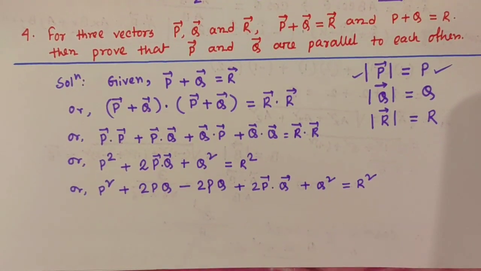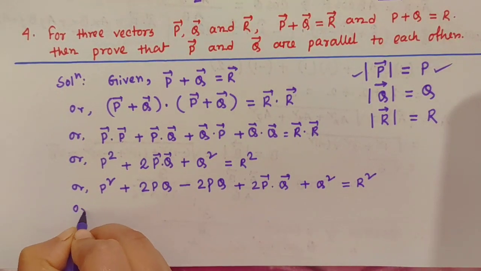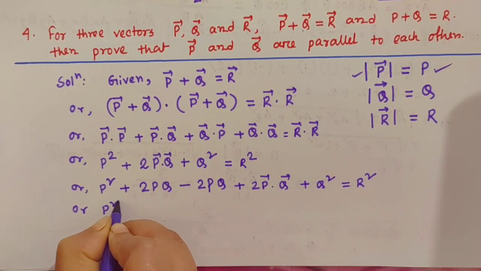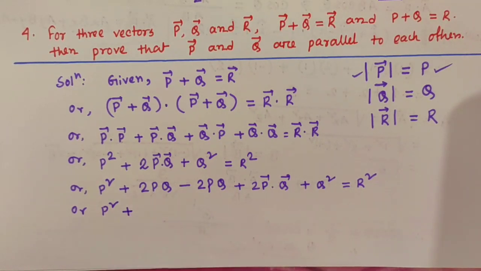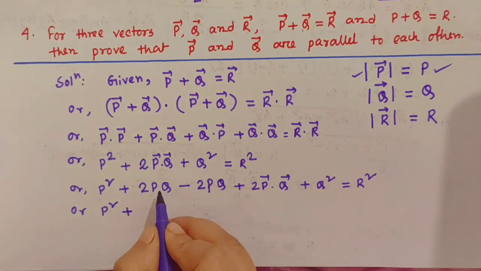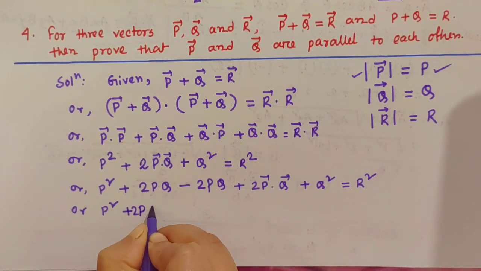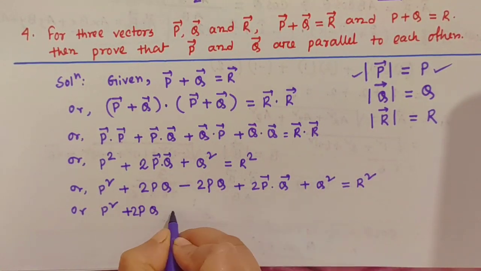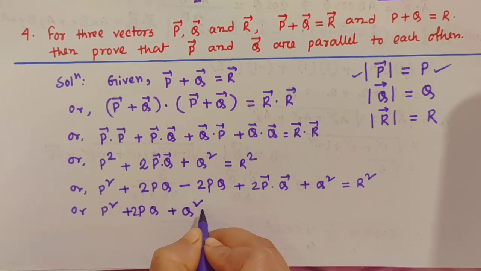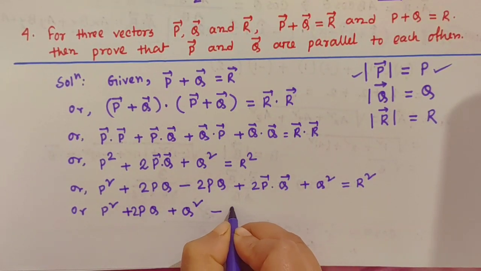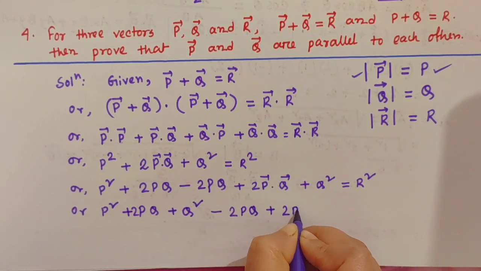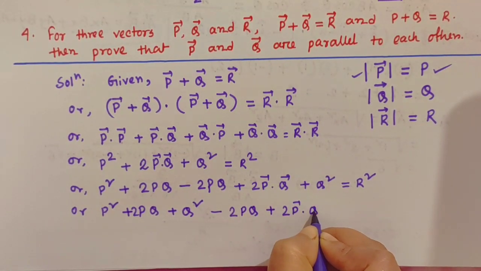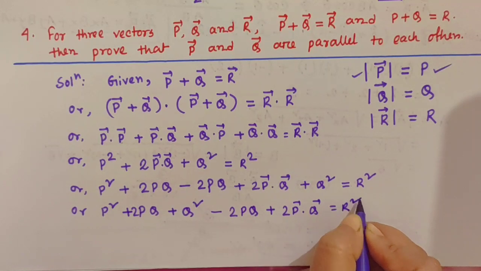From the next line we can write P square plus 2PQ plus Q square minus 2PQ plus 2 P vector dot Q vector is equal to R square.